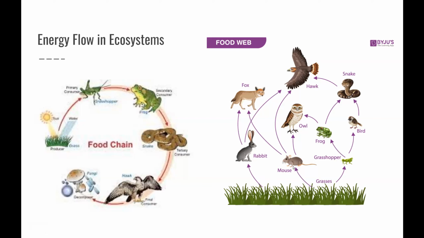So you see here that you've got rabbits, mice, and grasshoppers that are all primary consumers. They eat the plants, okay?